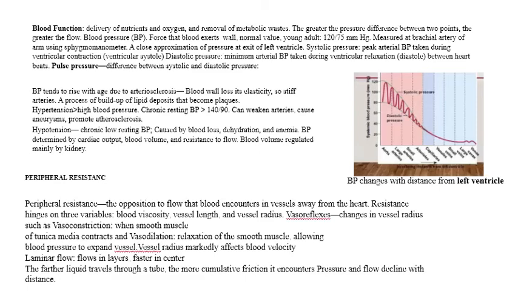So the close approximation of pressure at the exit of the left ventricle is the systolic pressure, the peak arterial blood pressure taken during ventricular contraction, usually the left ventricle. The diastolic pressure is when the heart is at rest, the minimal arterial blood pressure.